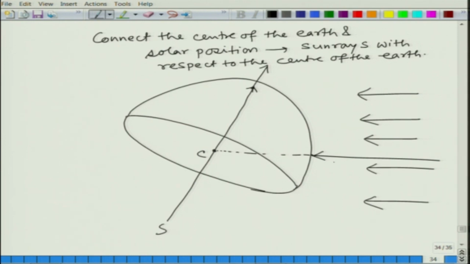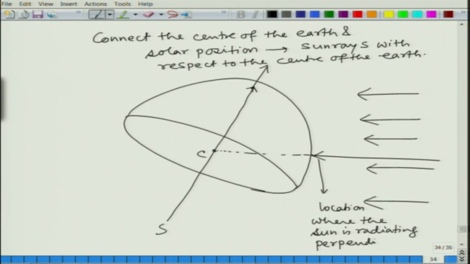This is the location where the sun is radiating perpendicularly, perpendicular to the horizontal plane.